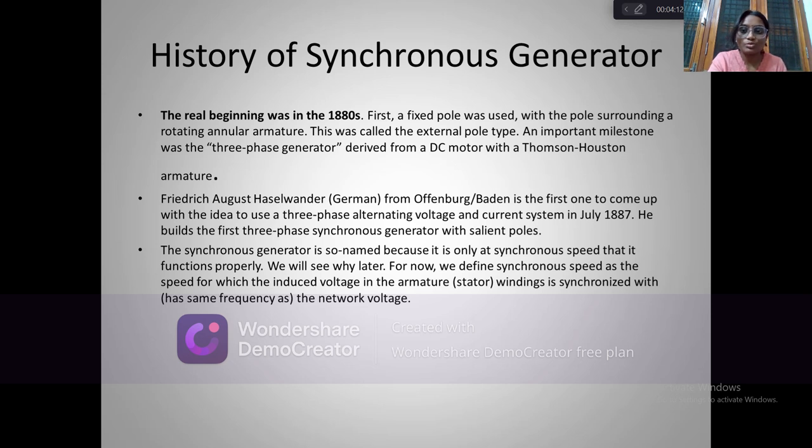An important milestone was the three-phase generator derived from a DC motor with the Thomson armature. A German scientist was the first to come up with the idea of using a three-phase alternating voltage and current system in July 1887. He built the first three-phase synchronous generator with salient poles.